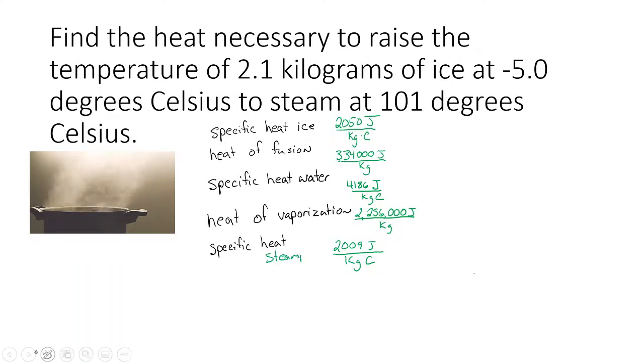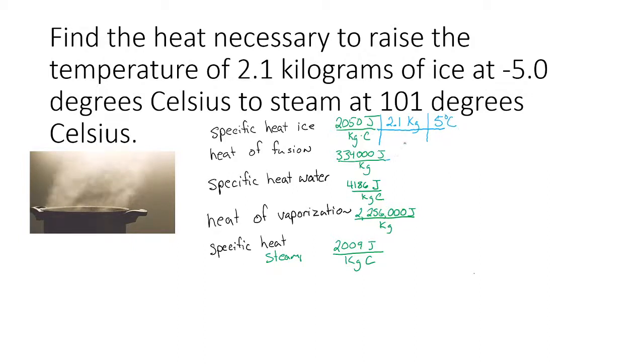So now we can begin putting in what we know. In this particular problem, we know that we have 2.1 kilograms of water. And we're going to raise the temperature of the ice 5 degrees to its fiducial point at 0.